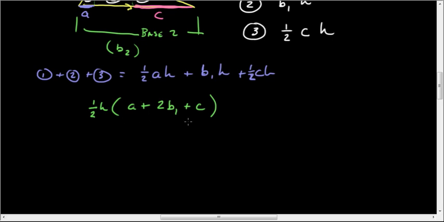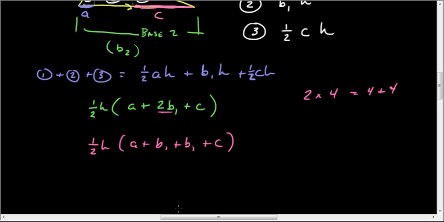So if I have 2 times something, we'll call this 4, I'm actually going to add 4 to itself, and there will be 2 instances of the 4. So if I have 2 times B1, it's really A plus B1 plus B1 plus C.